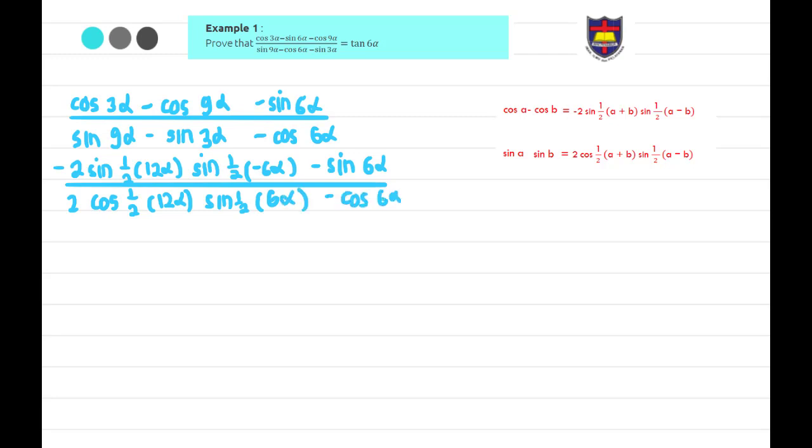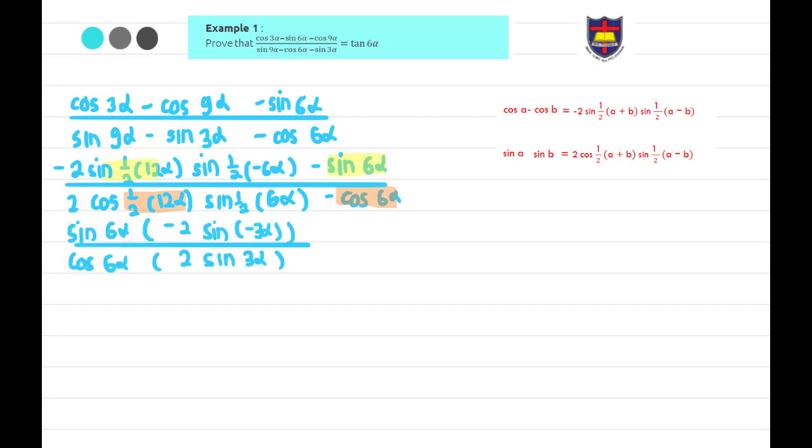Next, I will simplify. If you see, I have sine 6 alpha here and sine 6 alpha there. And I also have the common denominator cos 6 alpha there. Then I can make it like this. So the fraction is now simpler, and you can see that now I have sine 6 alpha and cos 6 alpha, which already becomes tangent 6 alpha, right?